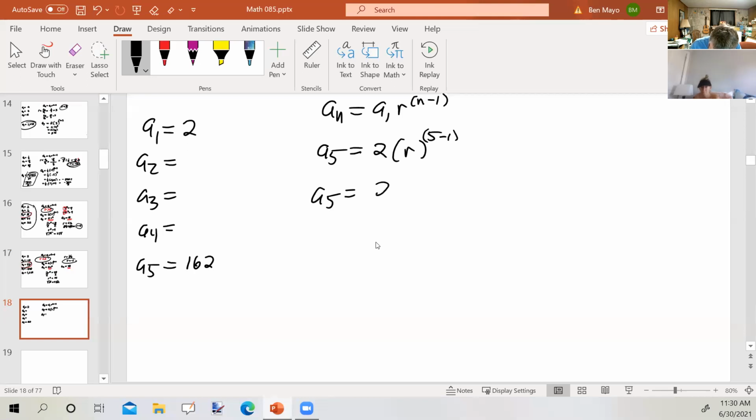So a sub 5 equals 2r to the 4th, and a sub 5 also equals 162, which means this equals that. So my equation becomes 2r to the fourth equals 162.